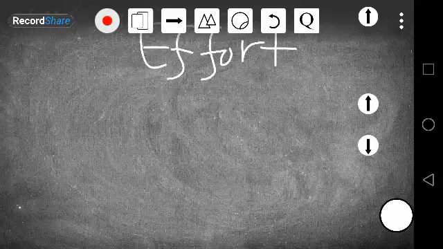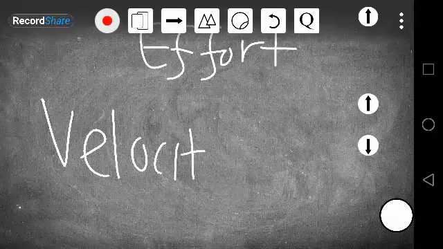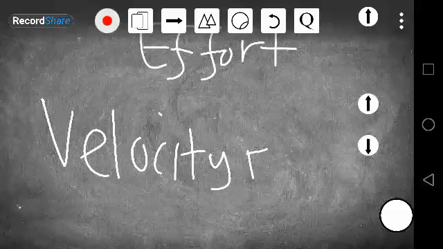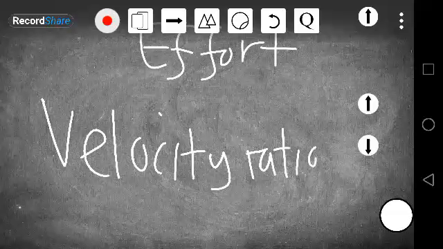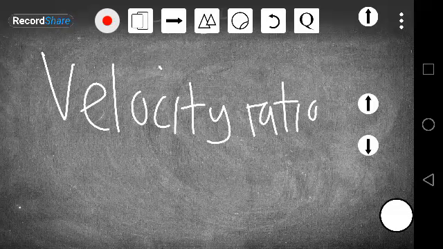Now we move to what is known as velocity ratio. Velocity ratio is a ratio that shows us how useful a machine is. So, the smaller the velocity ratio, the more useful the machine is.